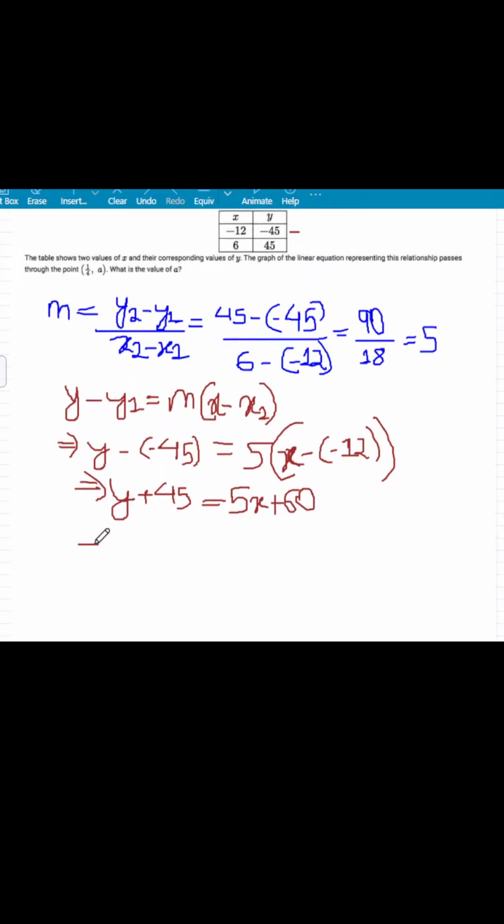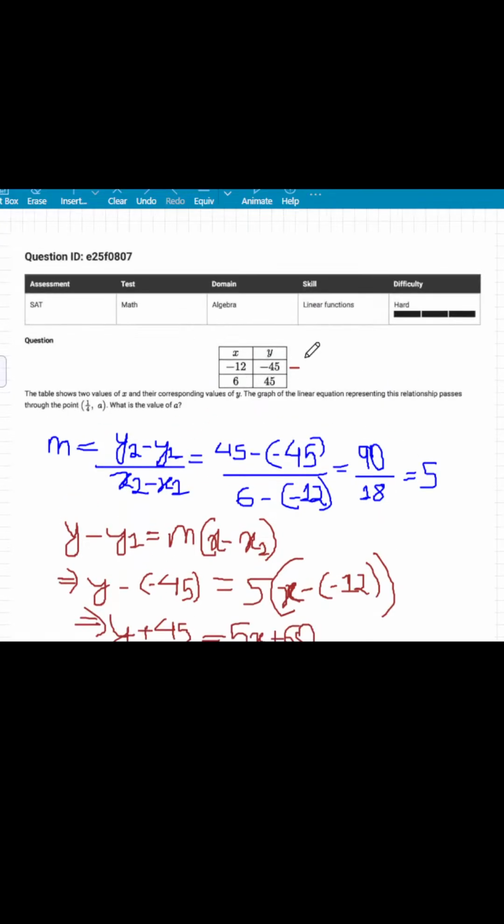Then we can simplify it by saying 5x minus y plus 105 is equal to 0.